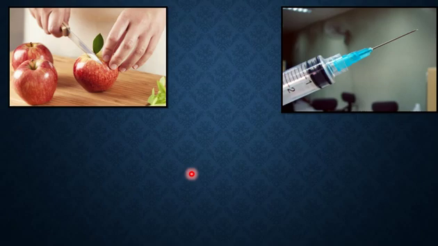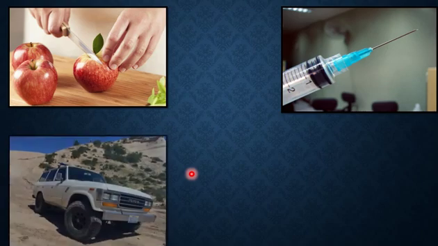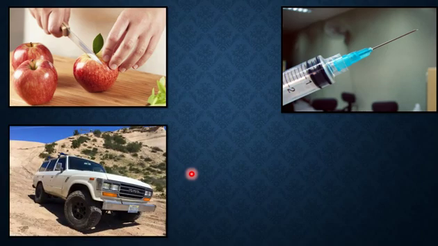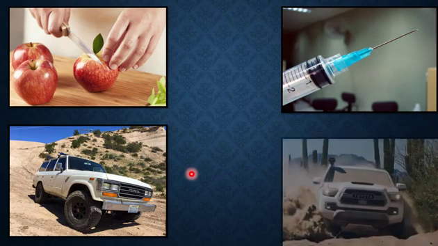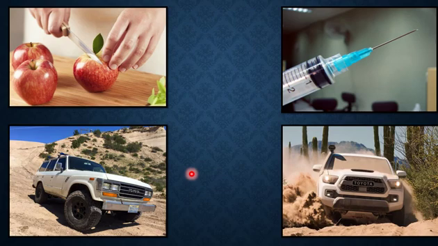If the tip of this syringe is not sharp enough, then more force will be required to make it penetrate through the skin. Now here, this vehicle is moving over the sand. If the vehicle is unloaded, then it will not get stuck in the sand. But if the same vehicle is loaded, it gets stuck in the sand.